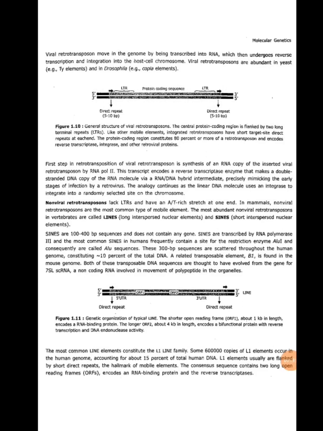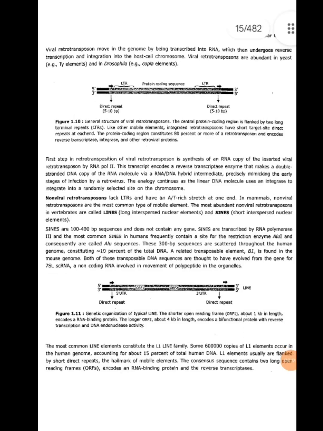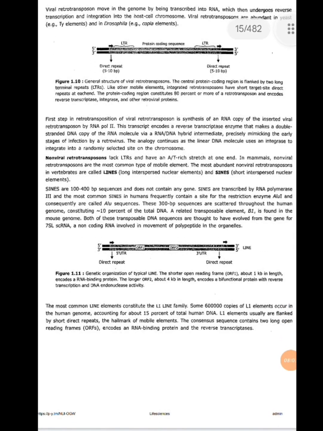First an RNA copy is formed, then a double-stranded DNA copy, like whatever happens in replication, where a DNA-RNA hybrid is formed. This continues as a linear DNA molecule uses an integrase.